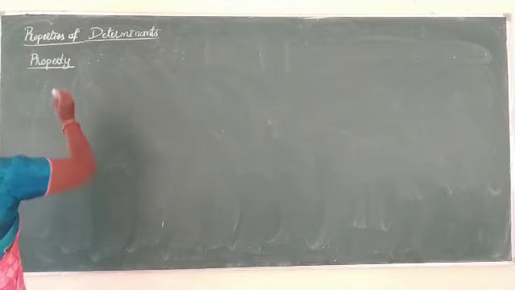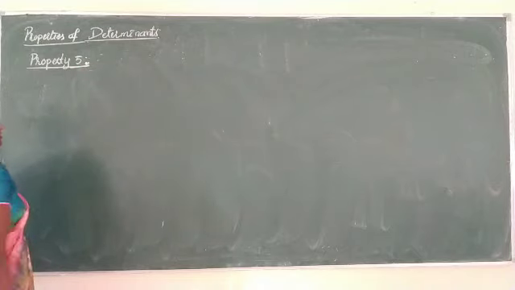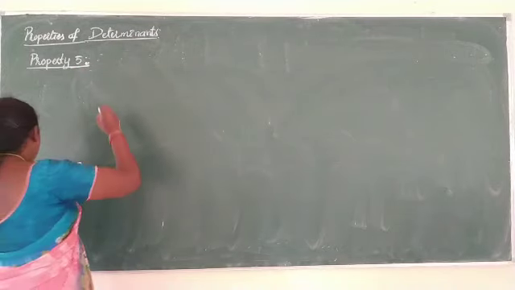Next, see property number 5. In total it contains 6 properties. This is our fifth property.